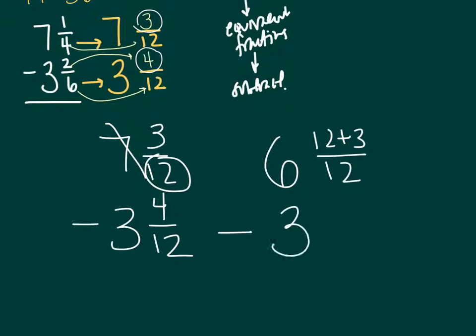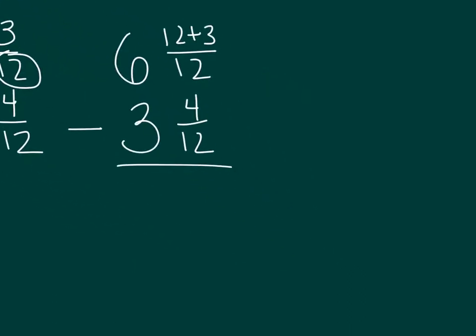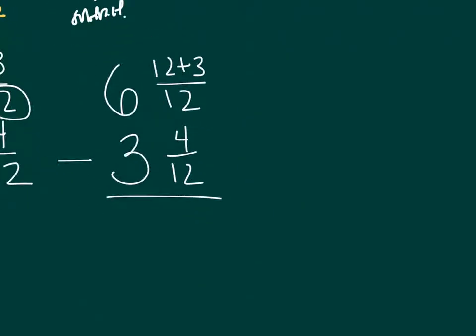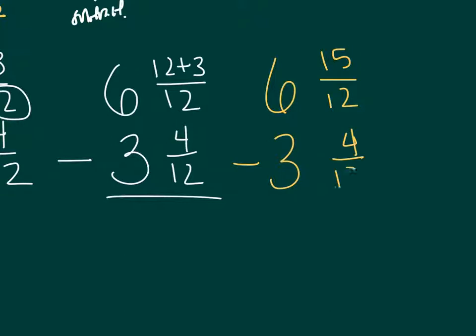Subtract 3 and 4/12. I hope that you're following along still. So now my problem is actually a little bit simpler. 6 and 15/12 minus 3 and 4/12.